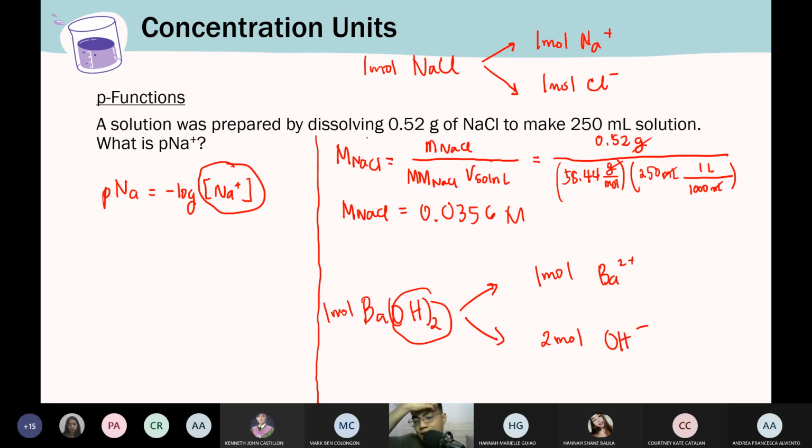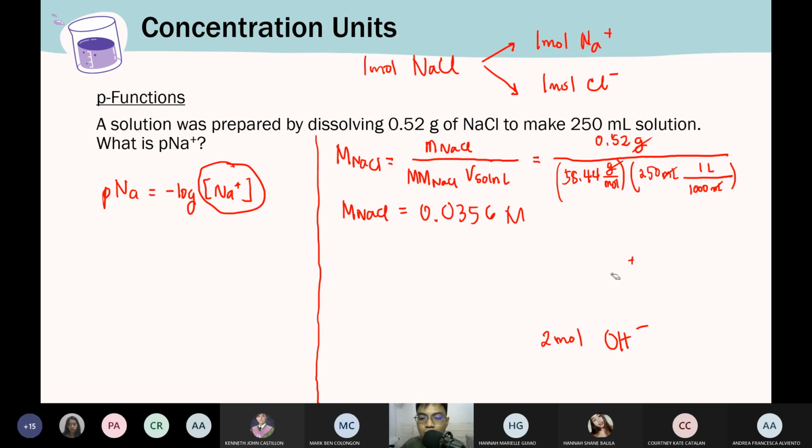And again, luckily, in our case, sodium chloride produces a 1-to-1 ratio of sodium and chloride anion. But other compounds may not be 1-to-1. So, to solve for the molarity of sodium, that is just the molarity of NaCl times the stoichiometric factor.